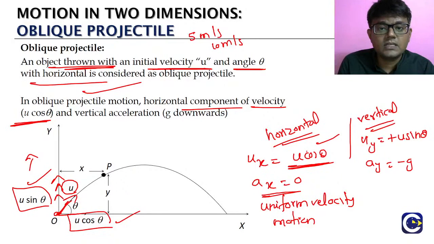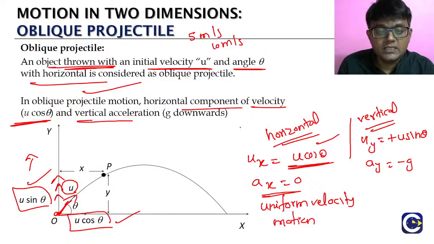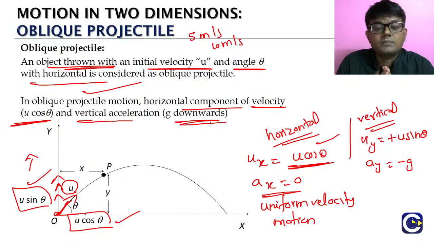The velocity will remain constant, with the value u cos theta. In the vertical direction, the important thing is acceleration, g downwards. So this is the basic concept of the oblique projectile.